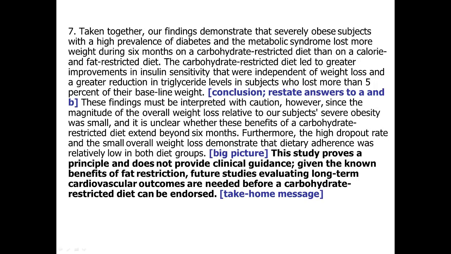So based on all that, they give a take-home message. This is the take-home message that they're really giving to physicians. This study proves a principle and does not provide clinical guidance. Given the known benefits of fat restriction, future studies evaluating long-term cardiovascular outcomes are needed before we can endorse a low-fat diet. So they are giving kind of a take-home message. They don't want to overstate their findings, they're saying. There's still some questions to be answered, and we don't want to translate our findings yet into an actual clinical recommendation.